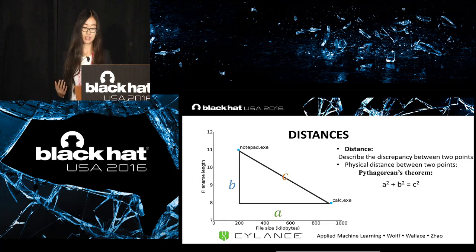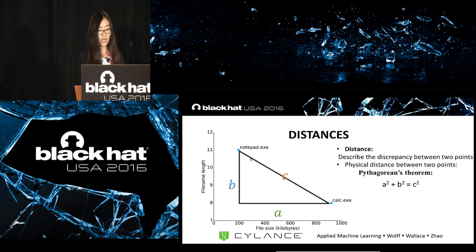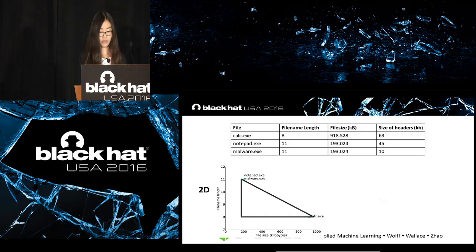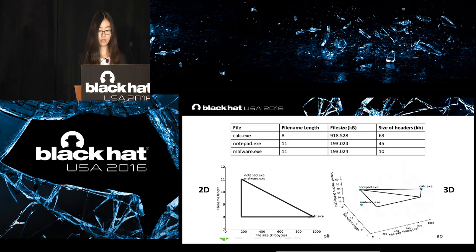If we want to measure the physical distance, we can use Pythagorean's theorem. This shows how we evaluate the distance between 2 points in 2D, and the same thing if we are living in a 3D space. It's also the length of the straight line between those 2 points.